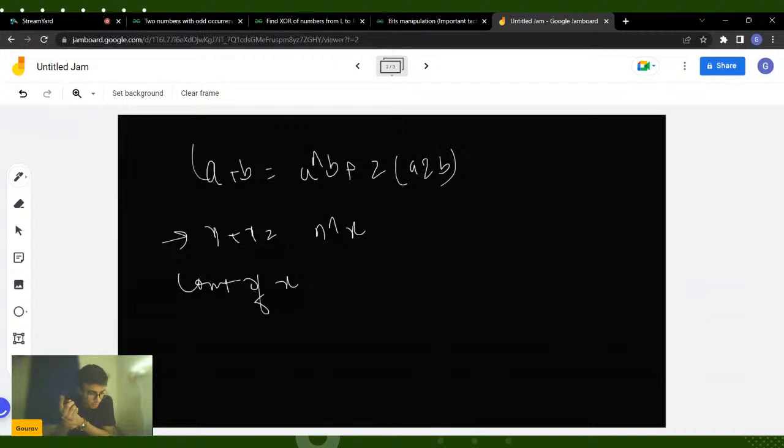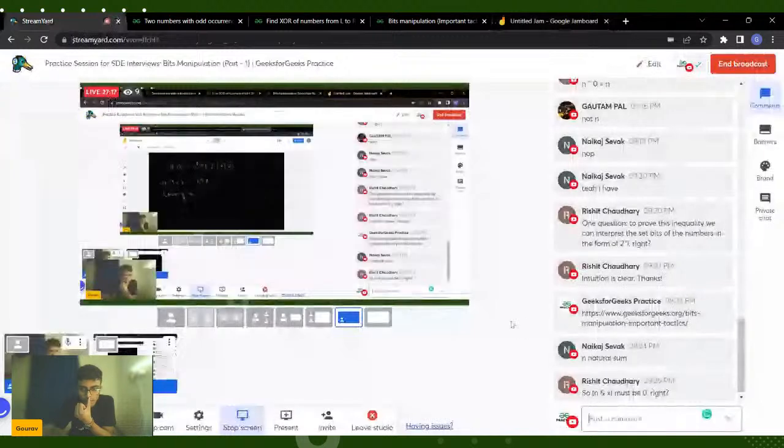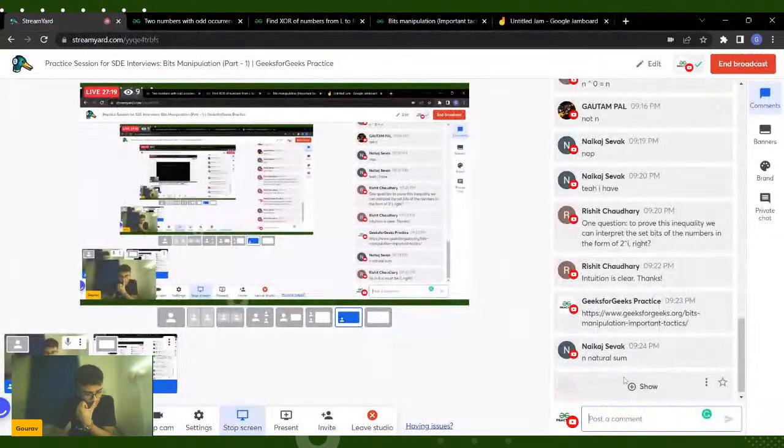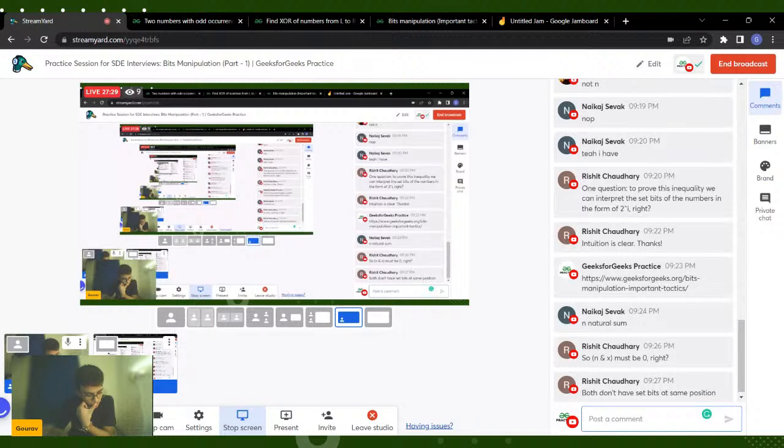Rishit, tell me. Both don't have set bits at the same position.